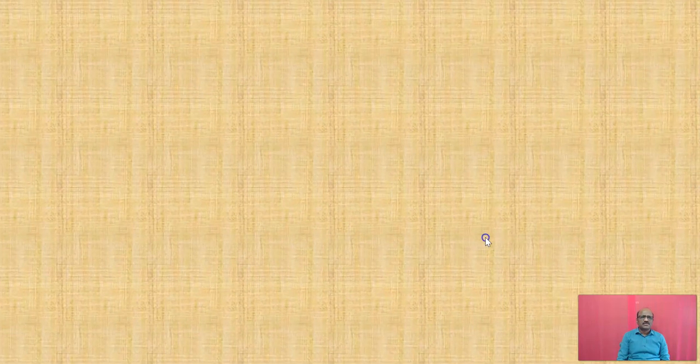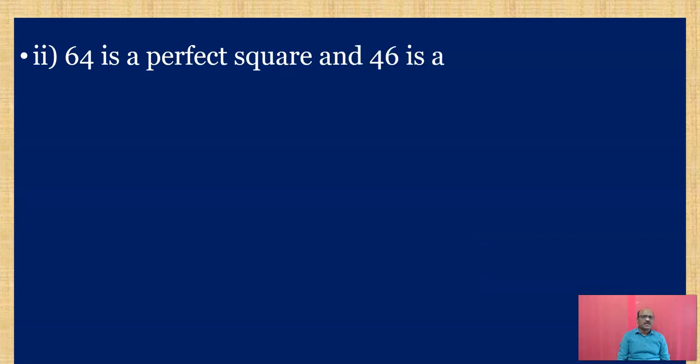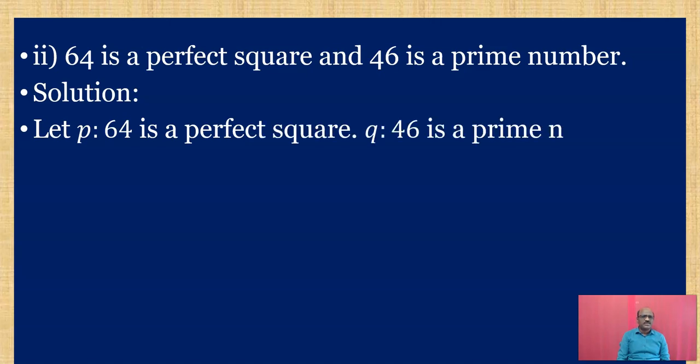Next, 64 is a perfect square and 46 is a prime number. Now let P be 64 is a perfect square, Q be 46 is a prime number.